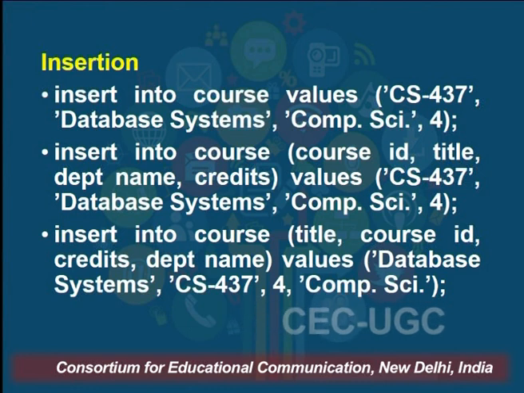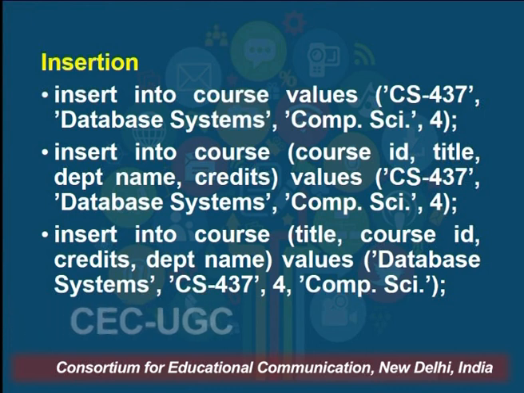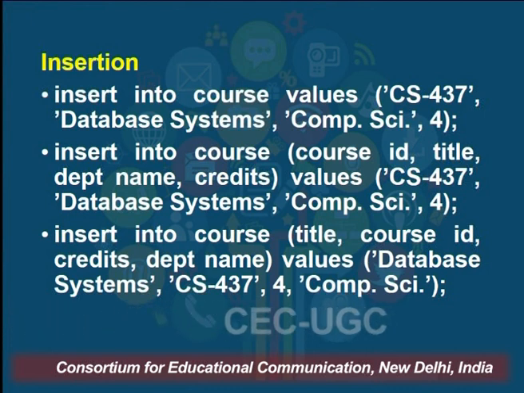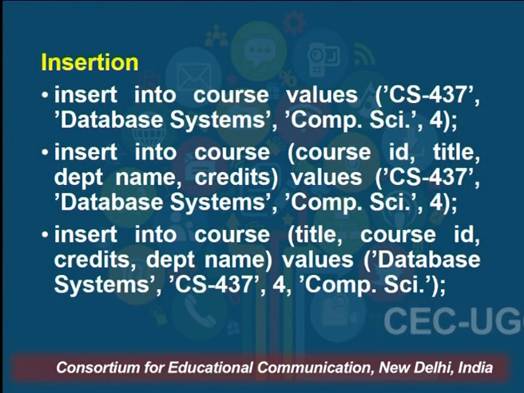So here we have not disturbed the sequence of the attributes in which they are hosted inside the relation, so there is no need of mentioning the attribute names separately.